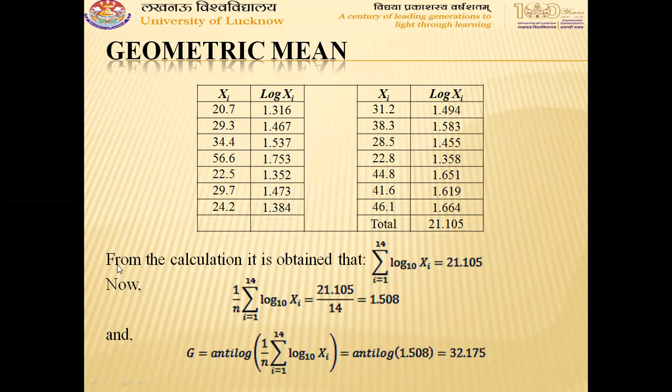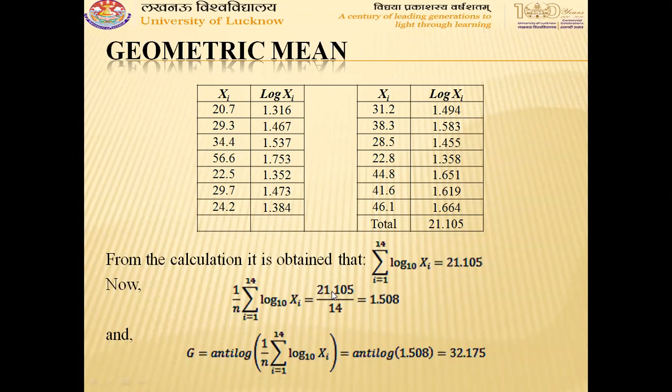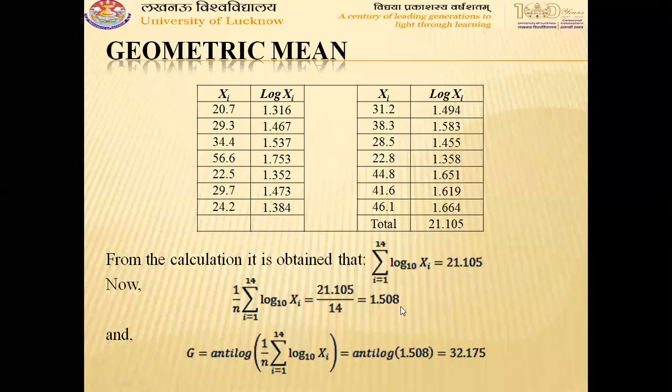The sum of log of xi is 21.105. So from calculation, summation i goes 1 to 14 log xi is equal to 21.105. Now we take its average, that is, calculate the quantity 1 upon n summation log of xi. That will give 21.105 divided by 14, which equals 1.508.